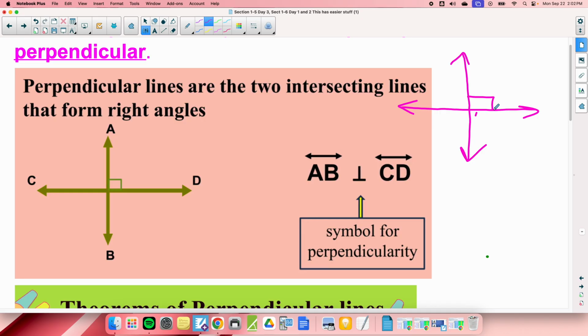Now, does it make sense to you if this is 90, that that would have to be 90? And why is that? How do I know that? Because it's the same on both sides. So then you know it has to be 90, because if it's not, then it won't be the same.